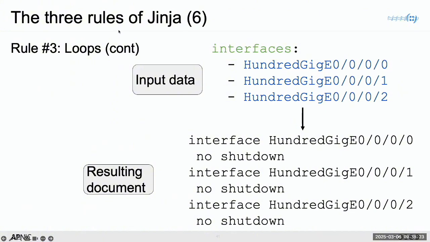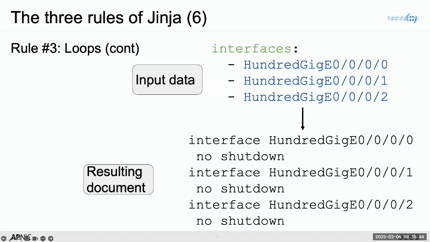So the third rule is, like in case of loop, we can continue if we want to input multiple data. We can have interfaces, and then we can use the dash, and we can give the list of interfaces to the input, and then our resulting output could be similar to this.